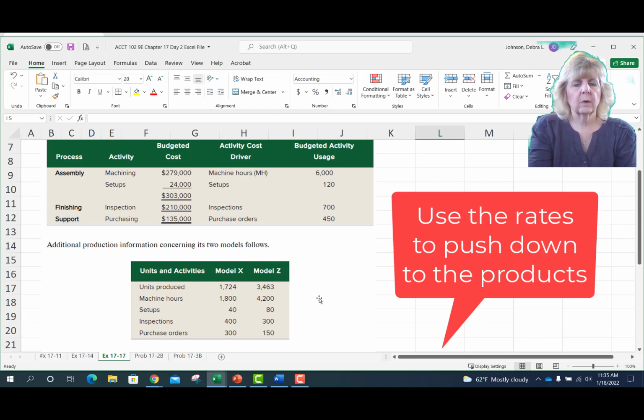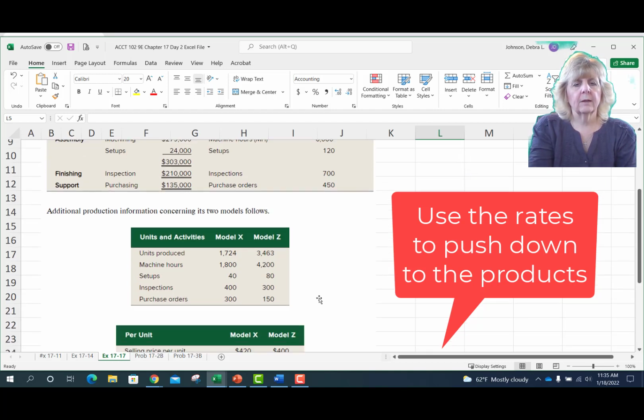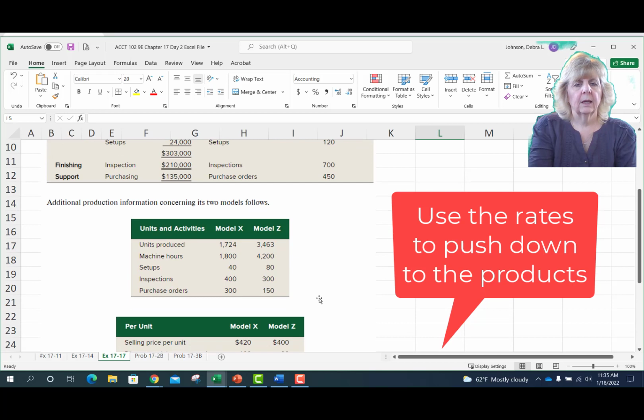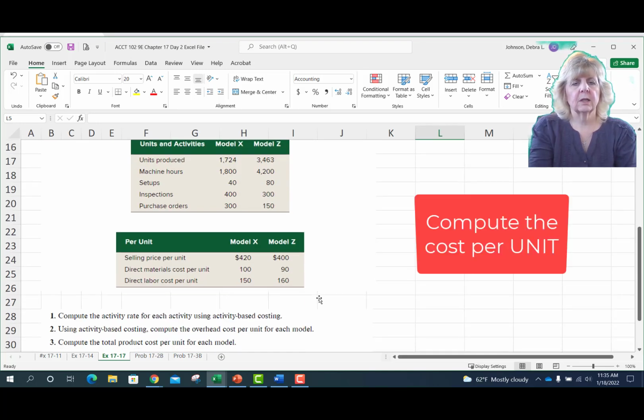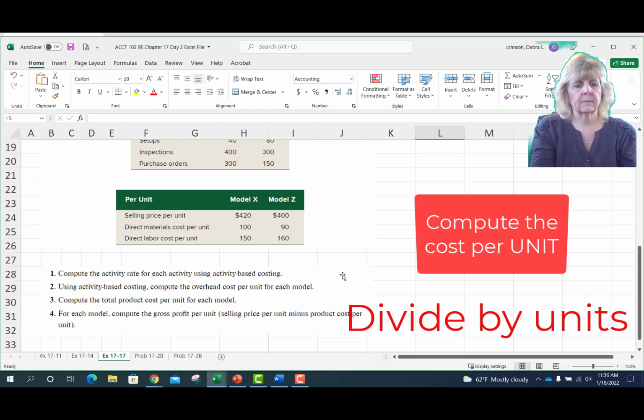So using those rates that you compute in the first step, you're going to apply them to the 2 models and calculate how much model X incurred of the overhead and how much model Z incurred. I believe the author is going to have you push it down to the unit level as well, which means you will divide that by units.